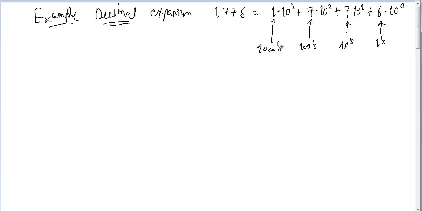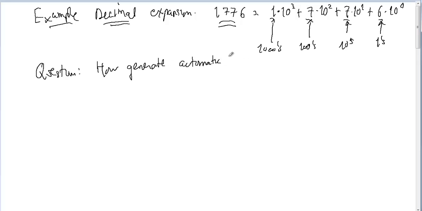Now, you should be familiar with this. So my decimal expansion is 1, 7, 7, 6, and in fact, we write numbers in decimal expansion. Now, here's a question. How can you generate the decimal digits automatically?